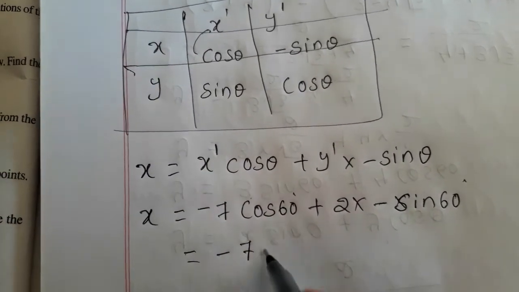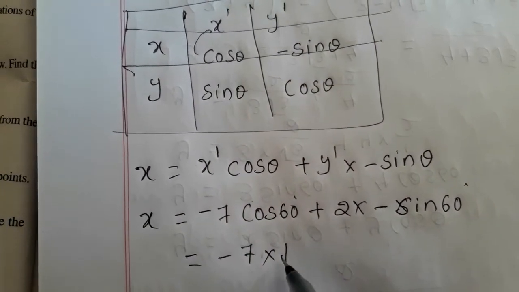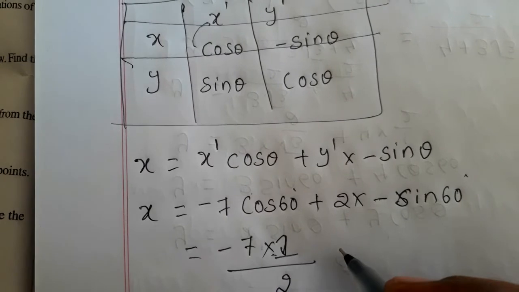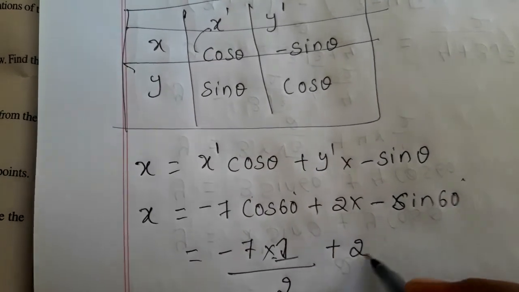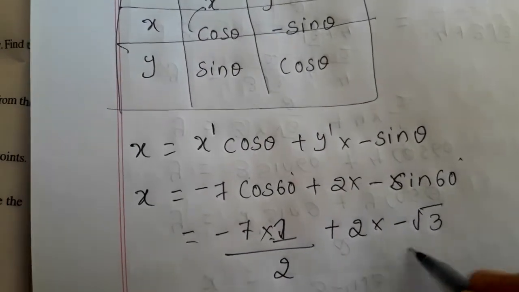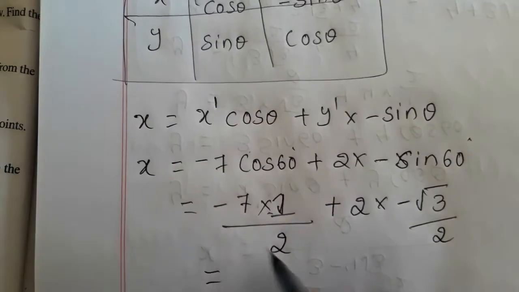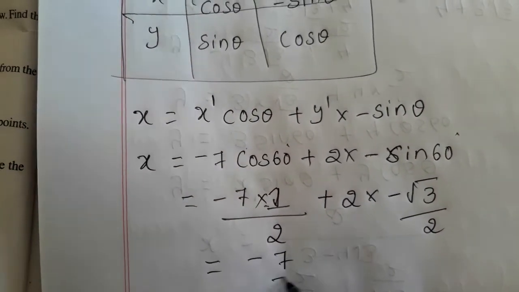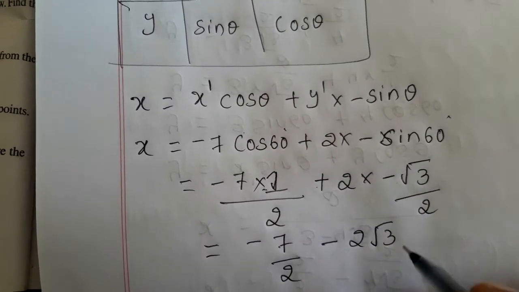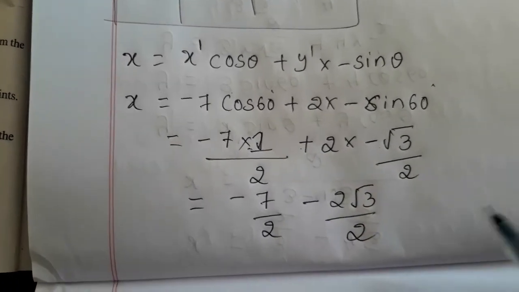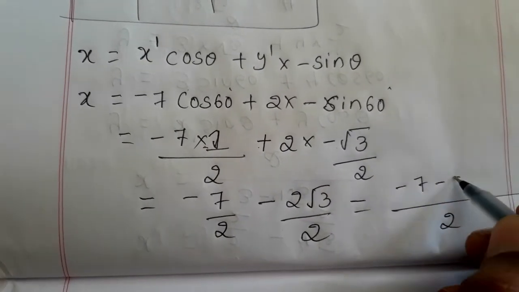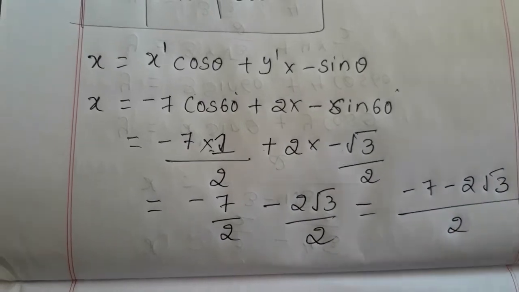Minus 7, cos 60 is nothing but 1 by 2, plus 2 into minus sin 60 is root 3 by 2. So plus into minus is minus: minus 7 by 2 minus 2 times root 3 by 2. Both having the common denominator, directly you write minus 7 minus 2 times root 3 by 2. This is the value of x.